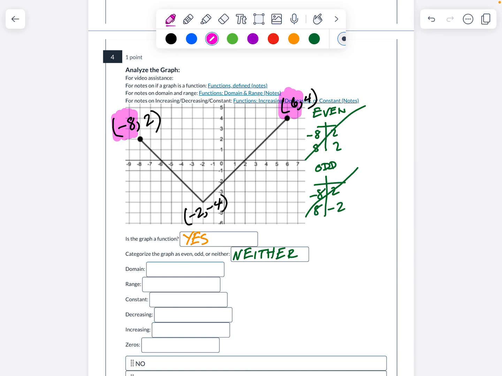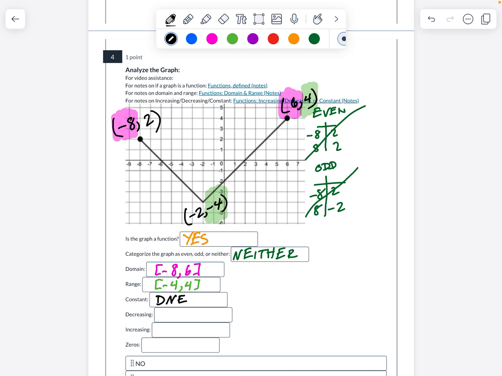So my domain is negative 8 to 6, and both of those are included because those are solid dots. For my range, I want my smallest y and my biggest y. So my range is negative 4 to 4. And those are both brackets. There is no place where this lays flat.